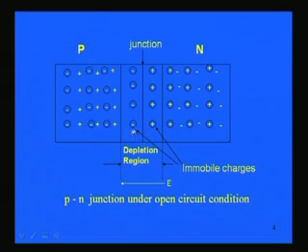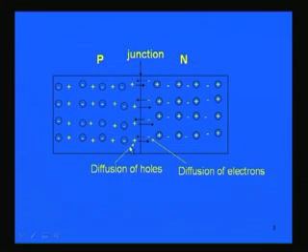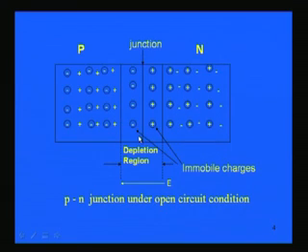Surfaced out means they are now uncovered, because earlier every acceptor ion had a positively charged hole along with it, so charge neutrality was maintained. Similarly, on the n side, the donor ion had a free electron attached to it, so charge neutrality was conserved. But now, because of the recombination of holes and electrons, the charges of the ions become uncovered, that means there are no carriers along with them.